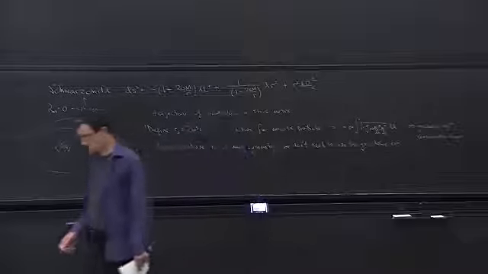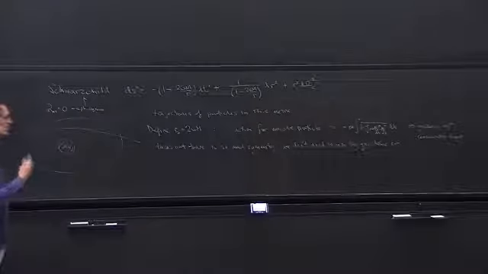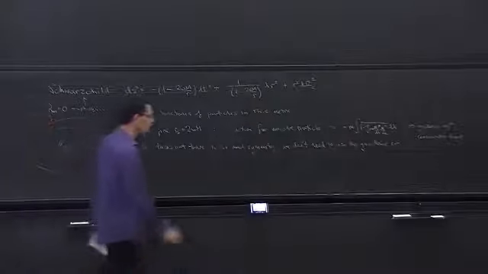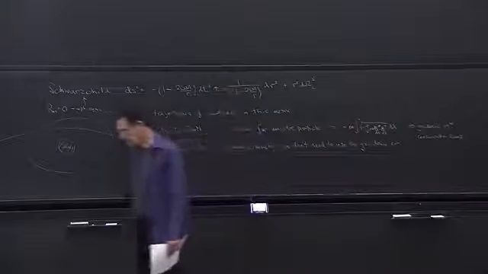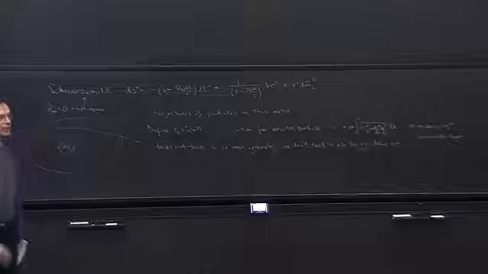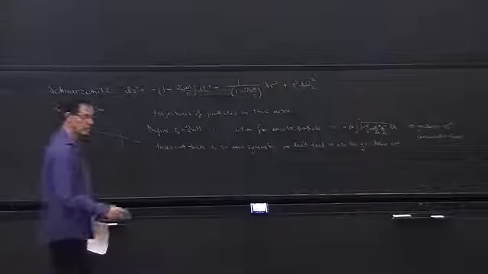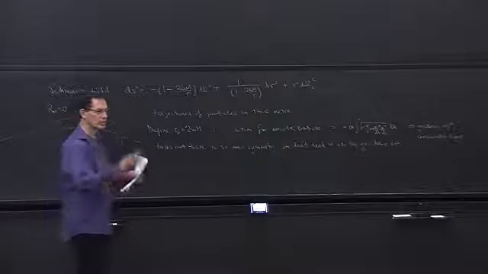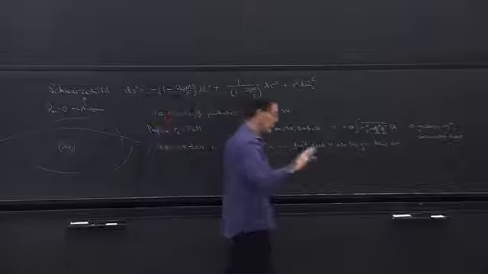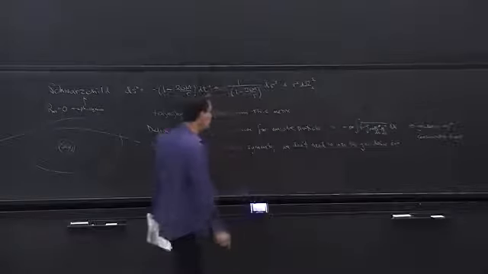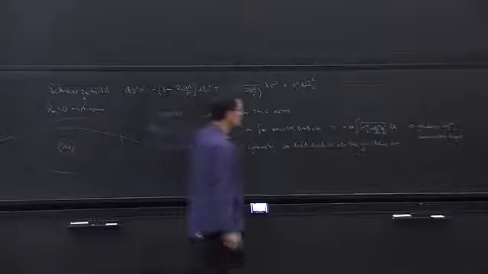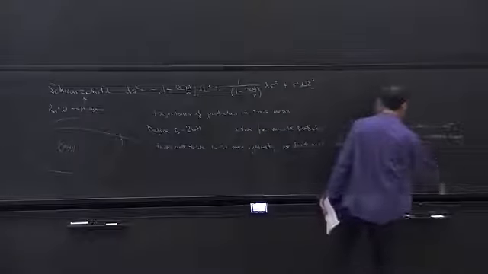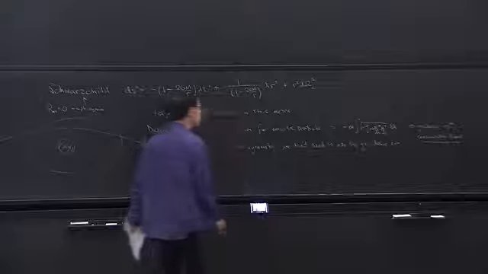And this is the hallmark of integrable classical mechanical systems, that you don't actually need to use the equations of motion. You can just use the conservation laws, and that's enough to completely determine the trajectories.